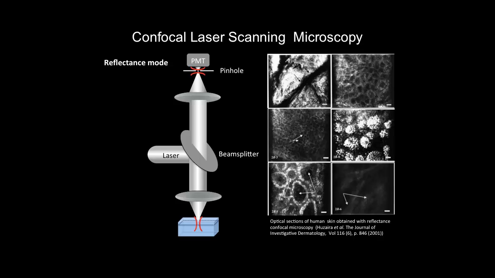Can you explain again how you select the depth with this technique? With this pinhole over here. How exactly does that work? The important part is that this is in the conjugated plane with the focal point.